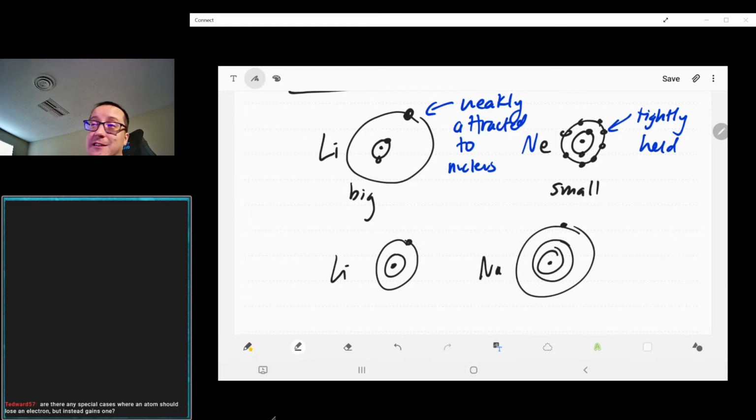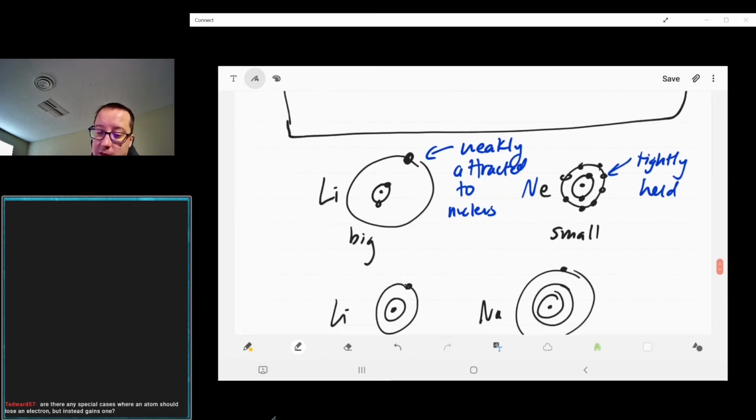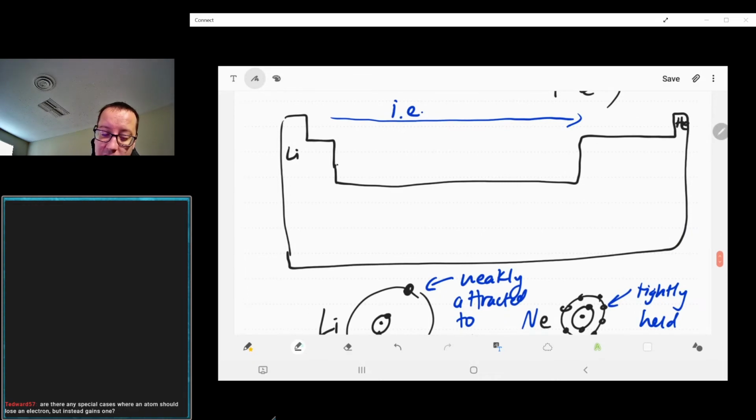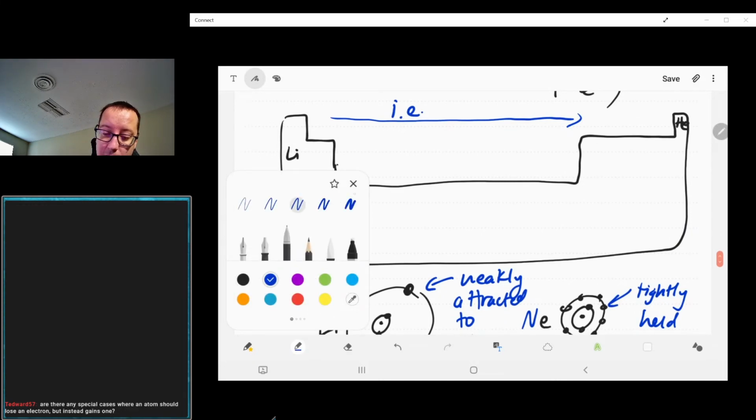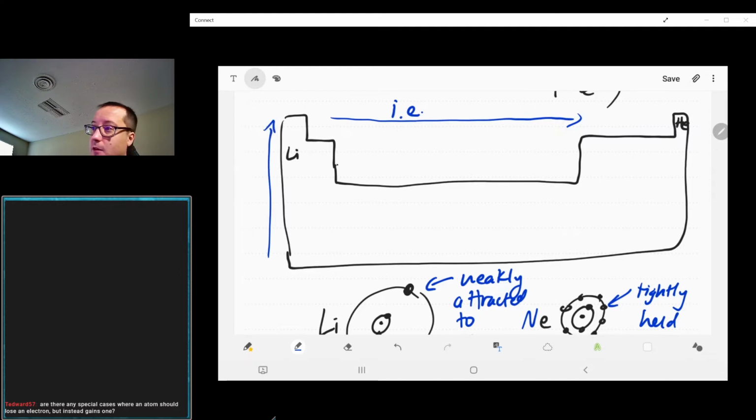It's going to be easier to remove than the one from lithium. And as a result, we're going to see that ionization energy will increase as we go up as well. So not only is it up, or not only is it to the right, but also up. So helium will have very high ionization energy. Francium here will have very low ionization energy.